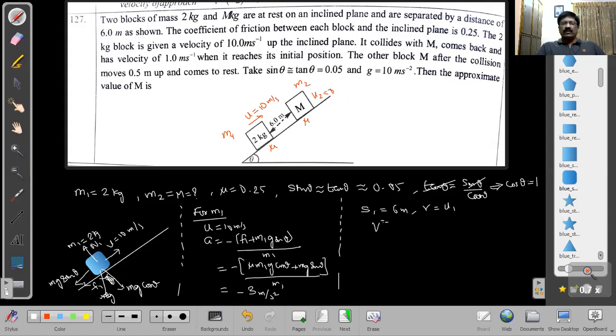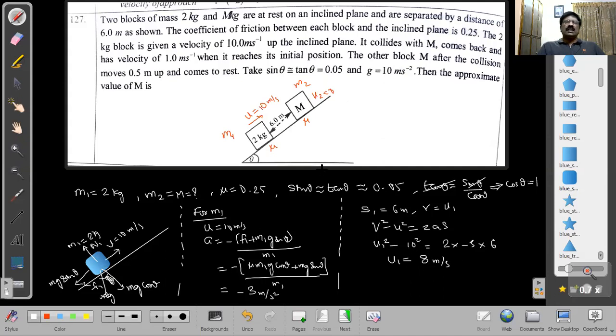From v square minus u square is equal to 2as, v square means u1 square we have to find, minus u square means 10 square, since u is given as 10, equals 2 into a means -3, into s means 6. Therefore, when you find the u1 value, you will get 8 meter per second.